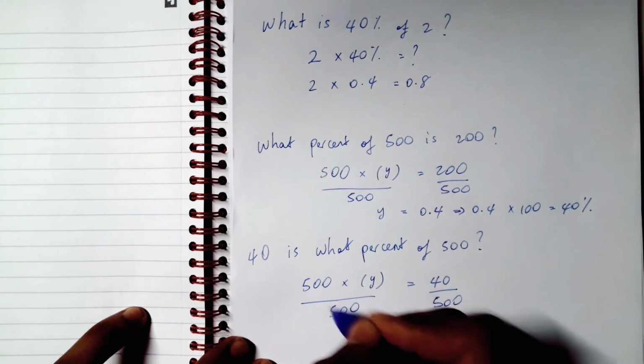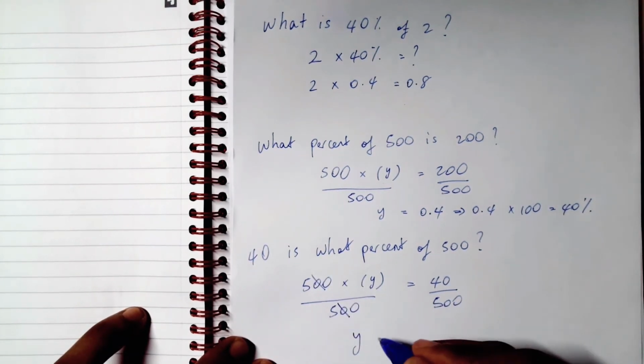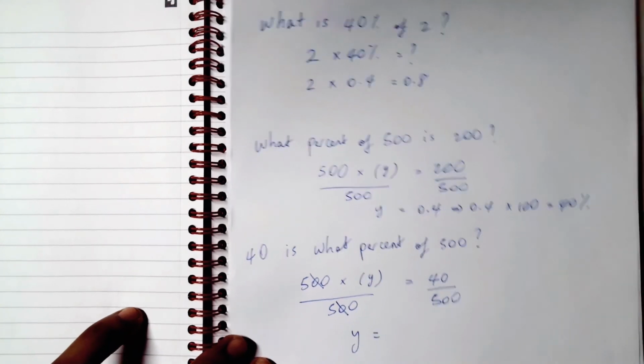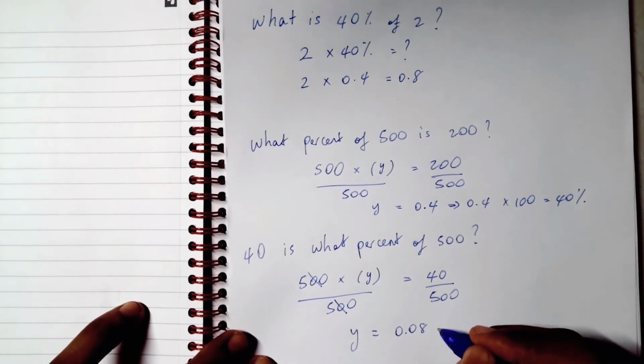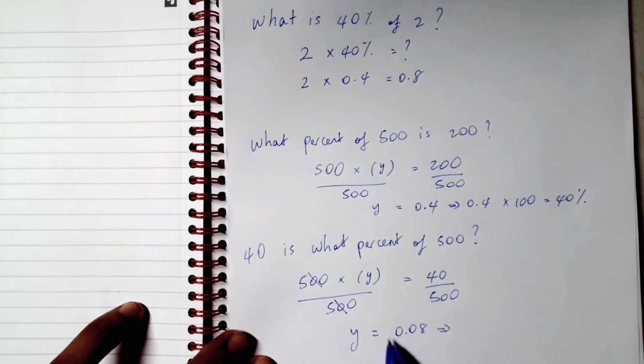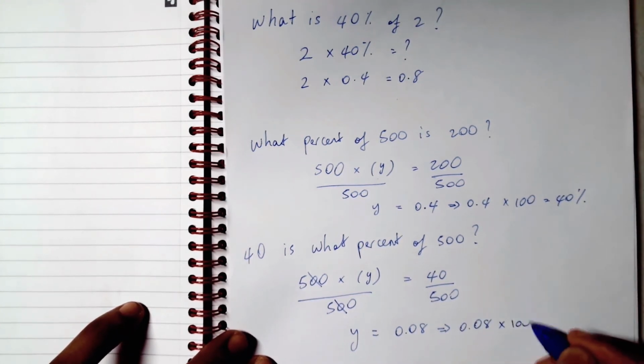This cancels this, leaving y by itself. This is going to be equal to 0.08. When we multiply this by 100 to bring it to its actual percentage form, we get 0.08 multiplied by 100 equals 8%.